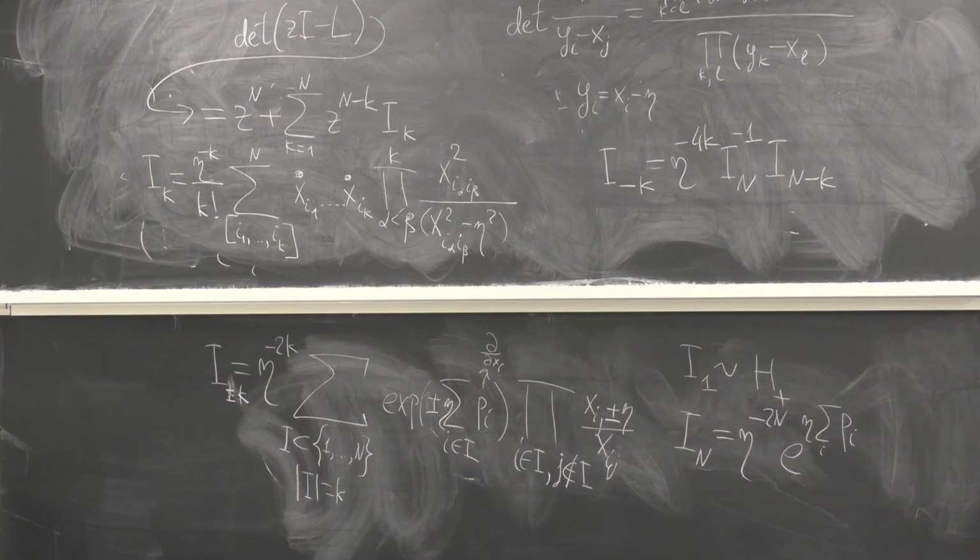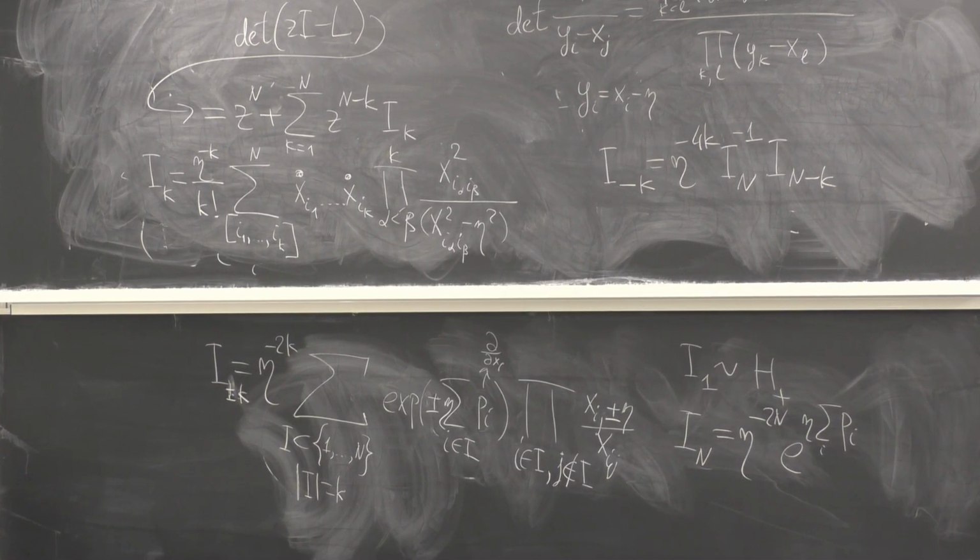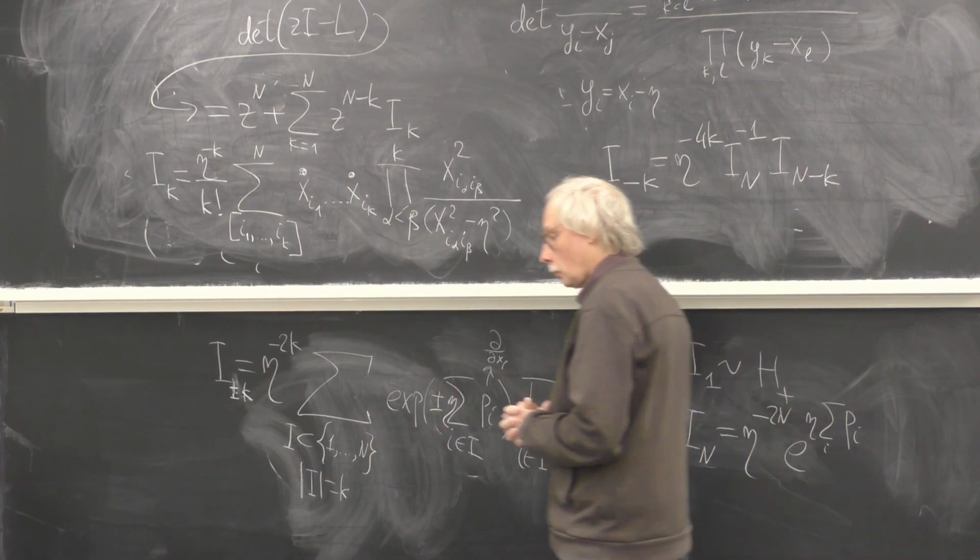Each factor, when you see xi minus xj, probably plus or minus eta, you change it to sine, and then to sigma function in the elliptic case. We will discuss these models in more detail next time, trigonometric and elliptic deformations.